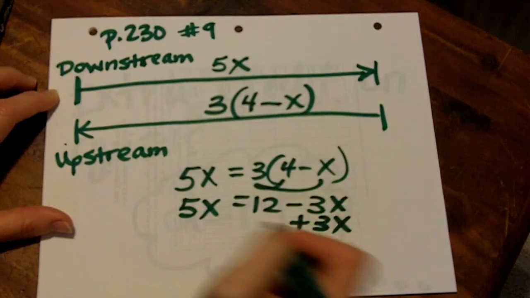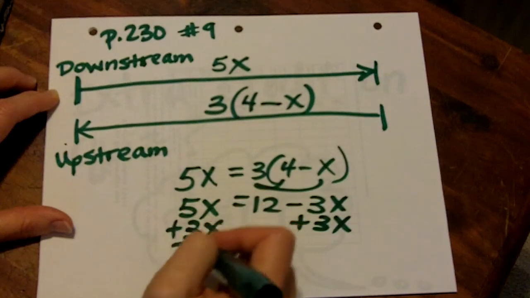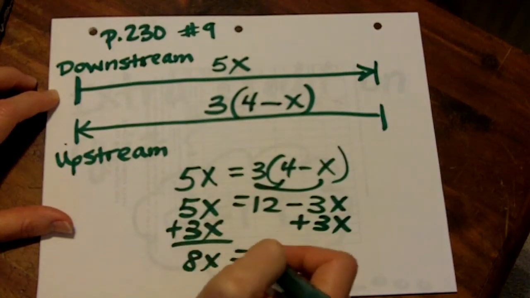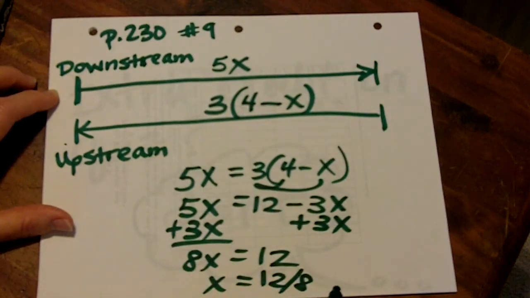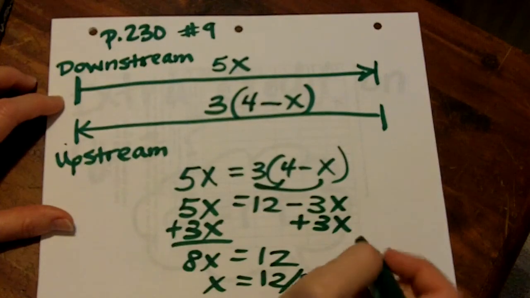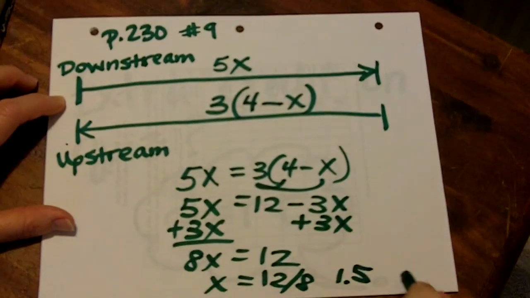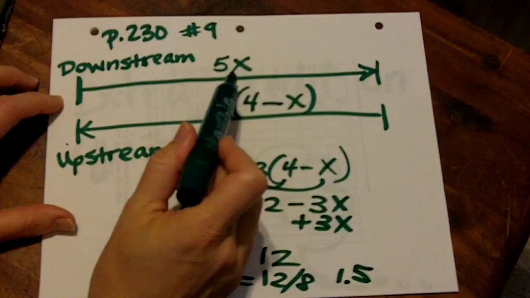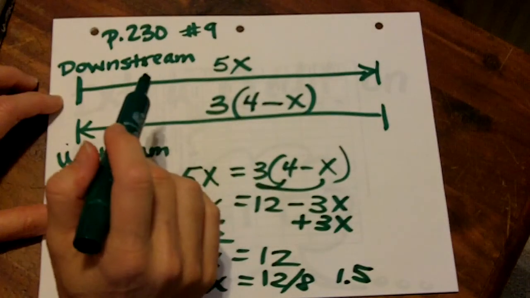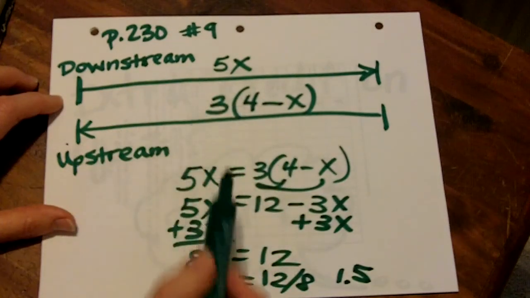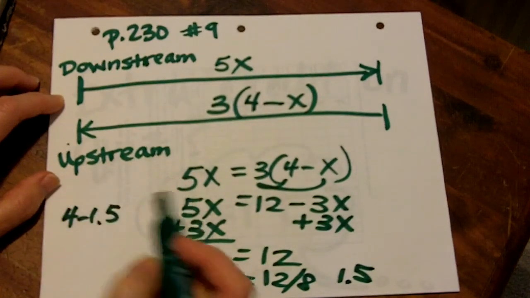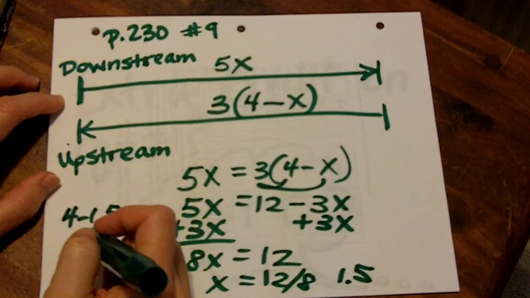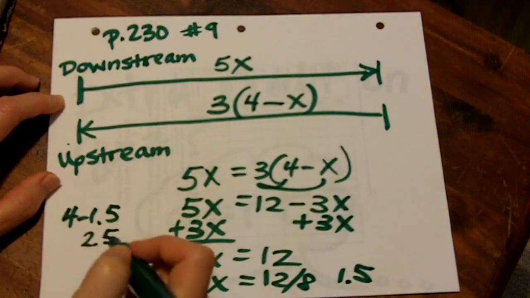So we're going to add 3x to both sides, get 8x then equals 12. So x is going to be equal to 12/8, which is equal to 1.5. Okay, so the time that it took him to go downstream is 1.5 hours, right? But the time it took him to go upstream is 4 minus 1.5, or I'm hoping it's 2.5.